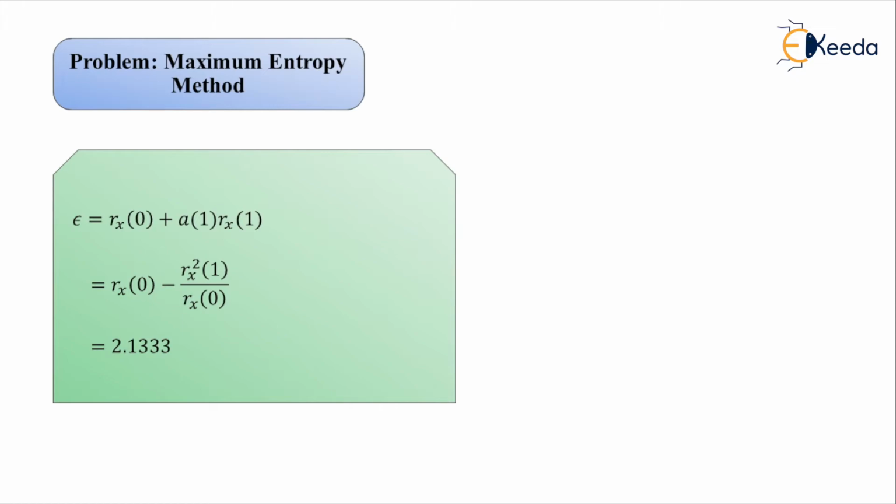Now in part B, instead of working with the maximum entropy spectrum method here, we have been asked to work on the minimum variance spectrum estimate method and to obtain it for the second order equation here. The minimum variance spectrum estimation topic we have already covered before this maximum entropy method, that was topic number 19 in the same chapter.